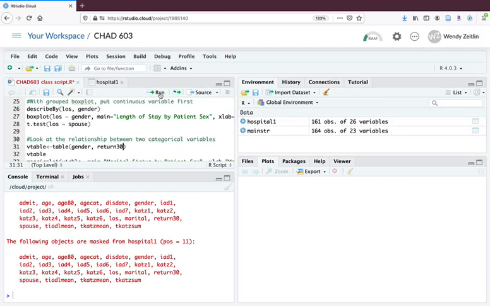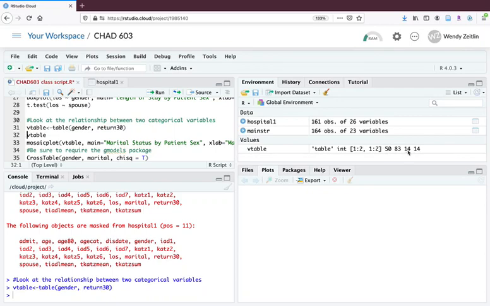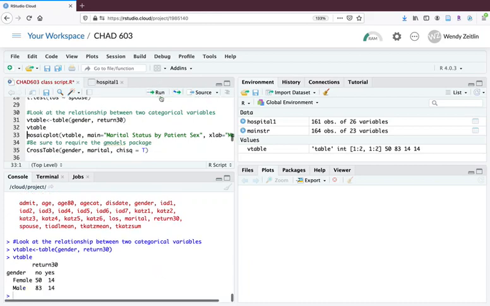And when we run this, you'll see that vtable has values in it. I just put vtable here so we could display the contents of that vector. And we see that there are 50 females who did not return to the hospital, 14 who did, 83 males who did not, and 14 who did.